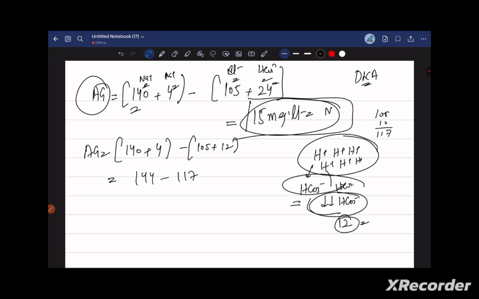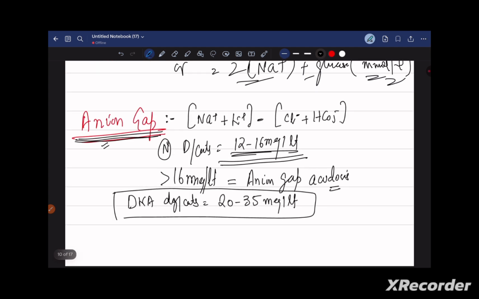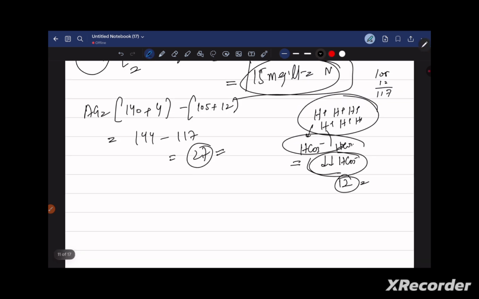After considering the decreased concentration of bicarbonates, what will happen to the anion gap? It will come out as 27, meaning the anion gap is increasing. And I told you that when the anion gap is increasing, it will lead to acidosis. So it will be anion gap acidosis.